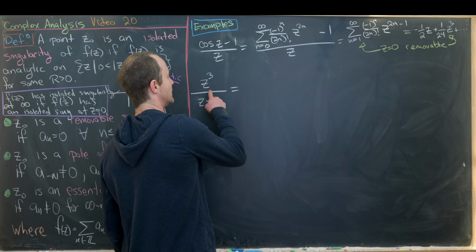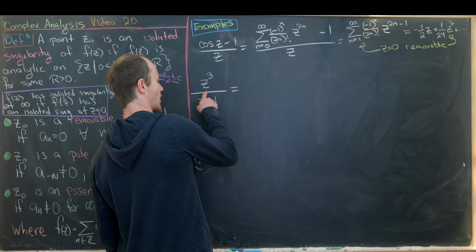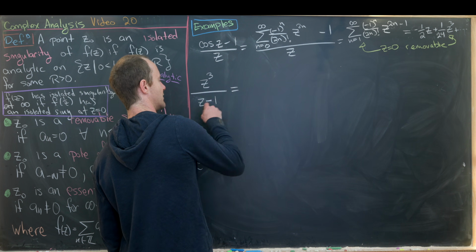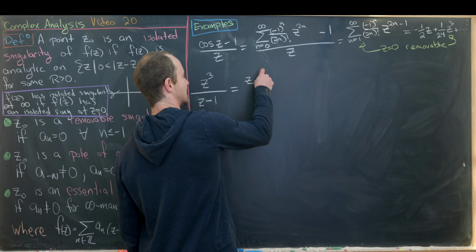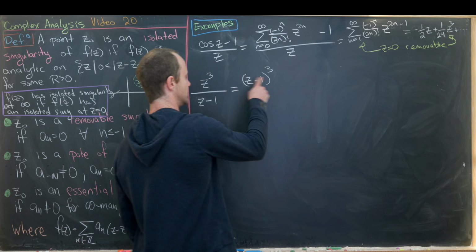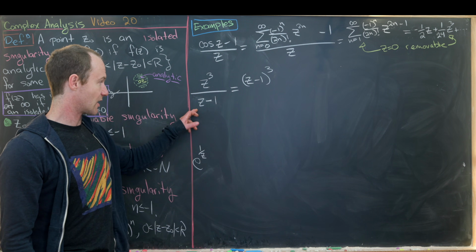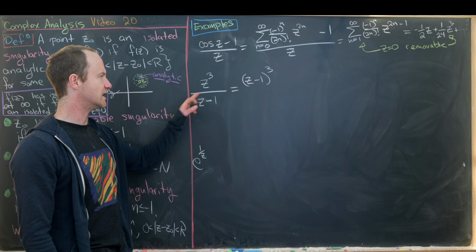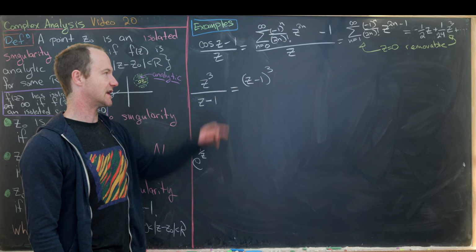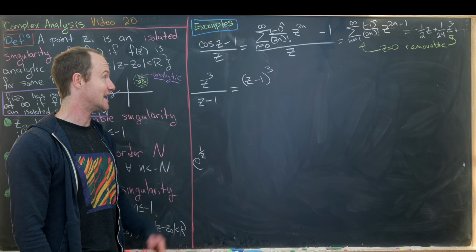So in order to do that, let's take this numerator and write it in terms of this denominator. So we've got z cubed, so that means we need to write that as z minus 1 cubed. So that's going to take care of the cube term of z, but notice that we've included a z squared, a z, and a constant term that we've got to take care of.